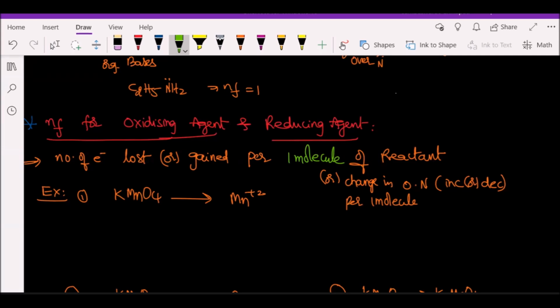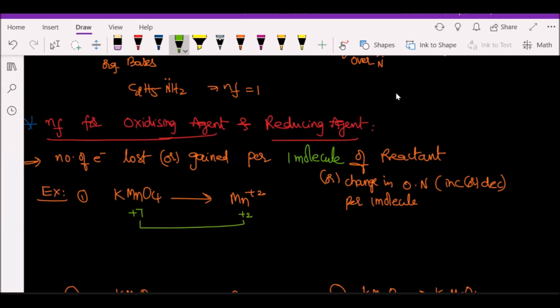Right? So listen up. For calculation of n factors, the simple thing is to identify which atom is undergoing oxidation or reduction. So in this example, the KMnO4 example, you can say that manganese oxidation state is +7 and manganese oxidation state is +2.